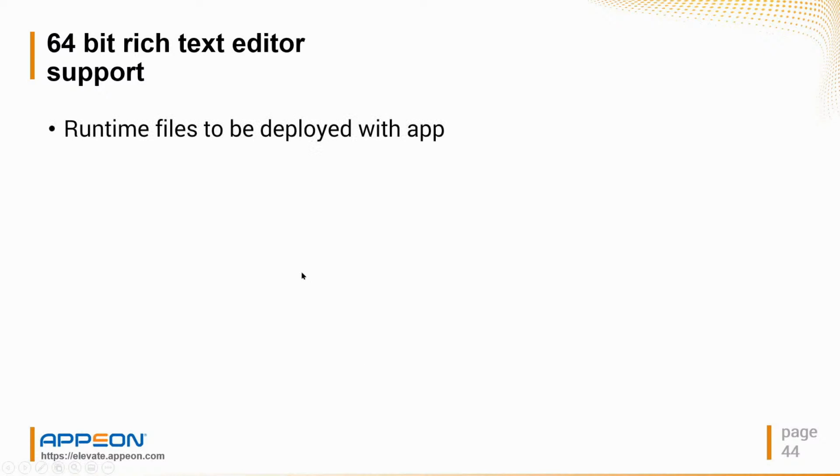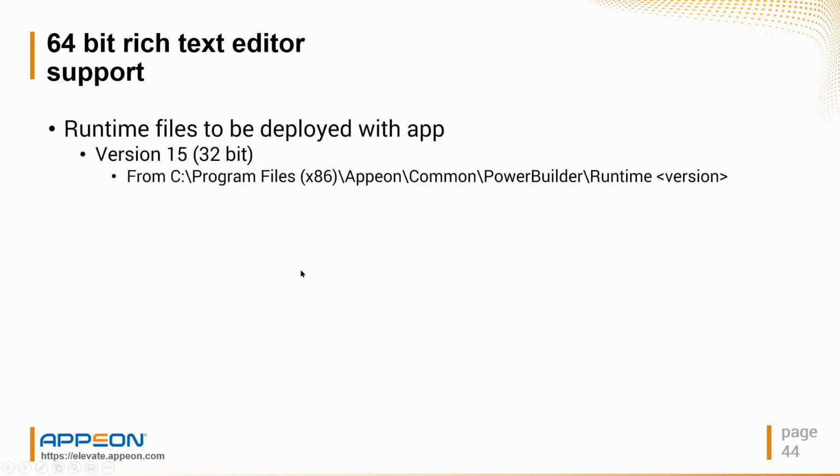Now this is where I was saying about the runtime files. So if you're going to do a 32-bit compile and you're going to use the version 15x, what's going to change with R3 is the directory you go to look at for those runtime files, because as part of separating the IDE from the runtime feature, it's now possible to install multiple PowerBuilder runtimes on your machine and switch between them.